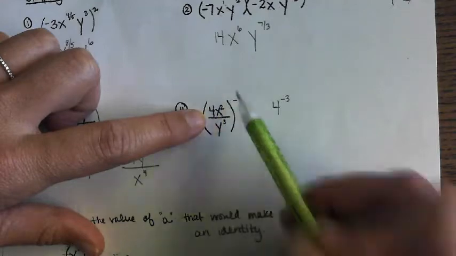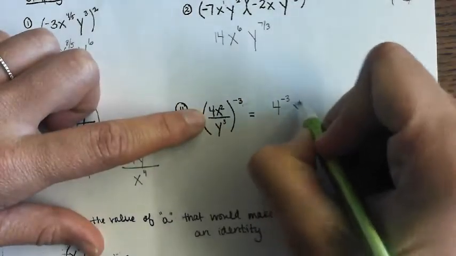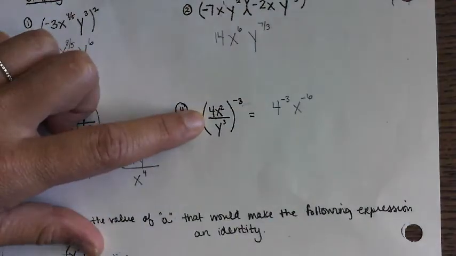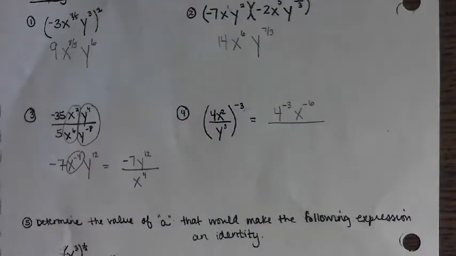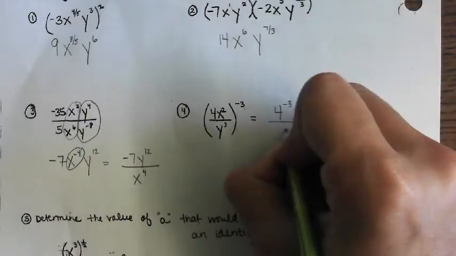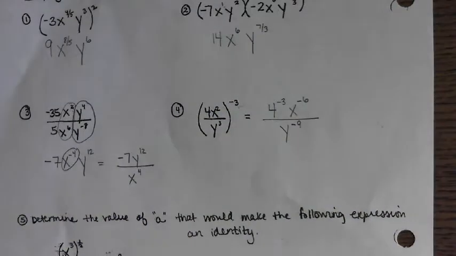X squared to the negative third is x to the negative 6th. And on our denominator, y to the third to the negative third, power to power, multiply: y to the negative 9th. So that's layer 1, handling the parenthesis.